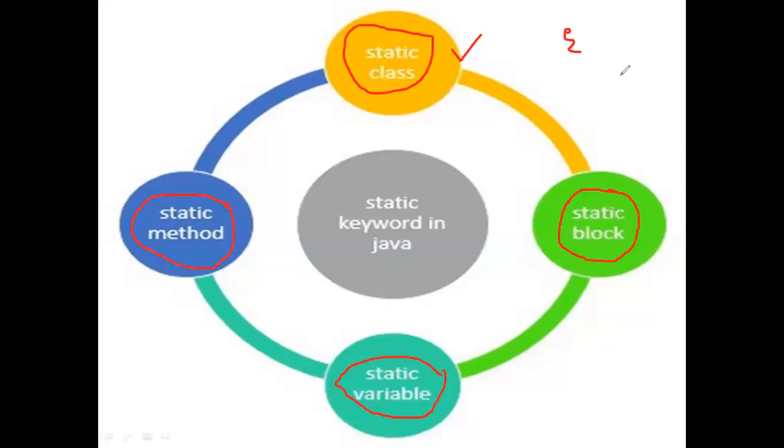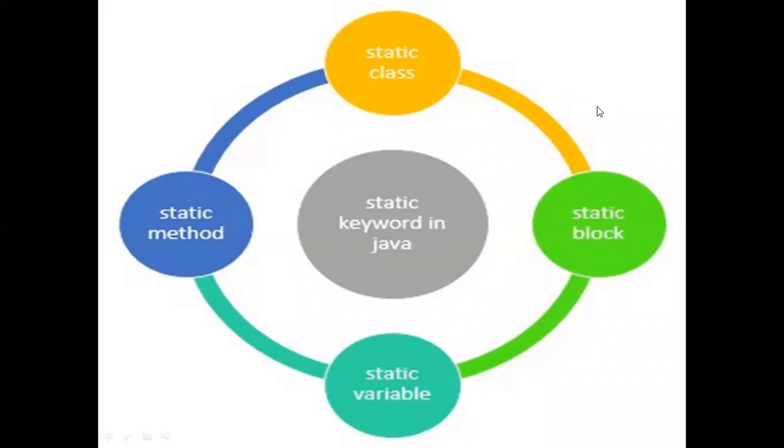For that block also, we can give the static keyword, and these are called static blocks. So we can use the static keyword before a variable, before a method, or a block can be given the static keyword. These are the four areas in the program where we are going to use the static keyword.